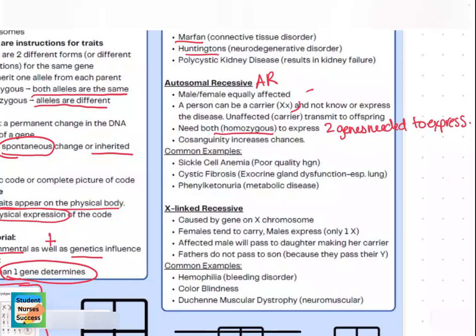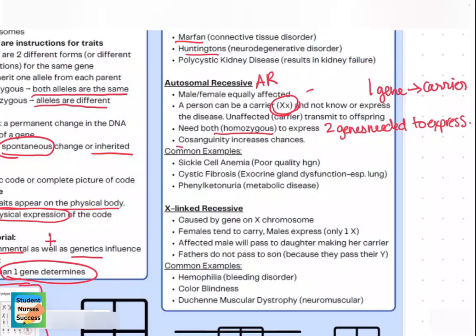It does not have anything to do with the X or the Y. A person can be a carrier, meaning they just have one gene for it, and they may not even know that they have it because they don't express the gene if they are a carrier. So one gene makes them a carrier, but they do not express it. They just pass it on.